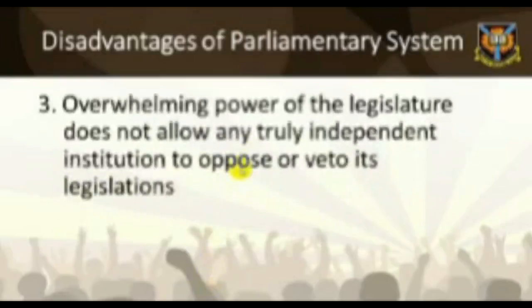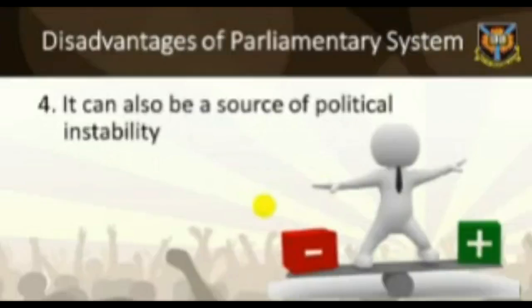3. Overwhelming power of the legislature does not allow any truly independent institution to oppose or veto its legislations, because the executive that is to serve such purpose also has its members performing legislative functions. 4. It can also be a source of political instability.